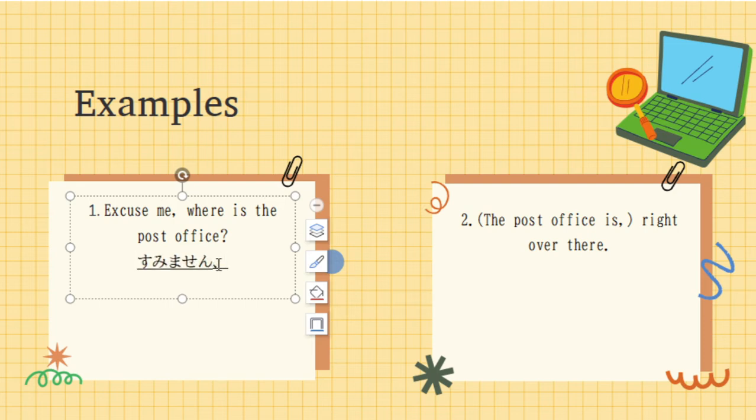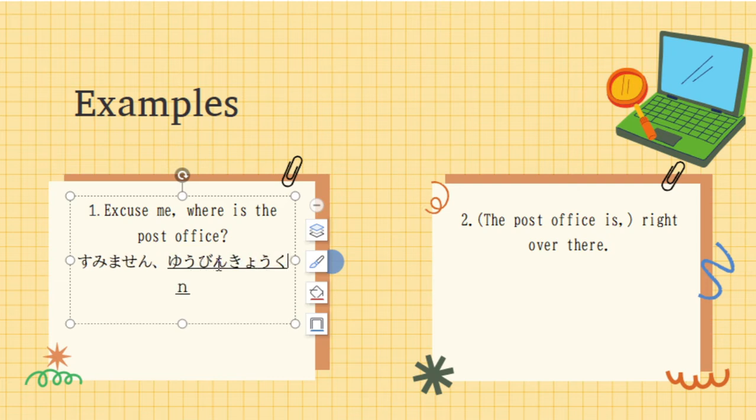The post office is yubinkyoku ni and doko desu ka? Doko desu ka? So that is our first example. We use here the doko, meaning where. So, sumimasen. Yubinkyoku wa doko desu ka? That is our first example.